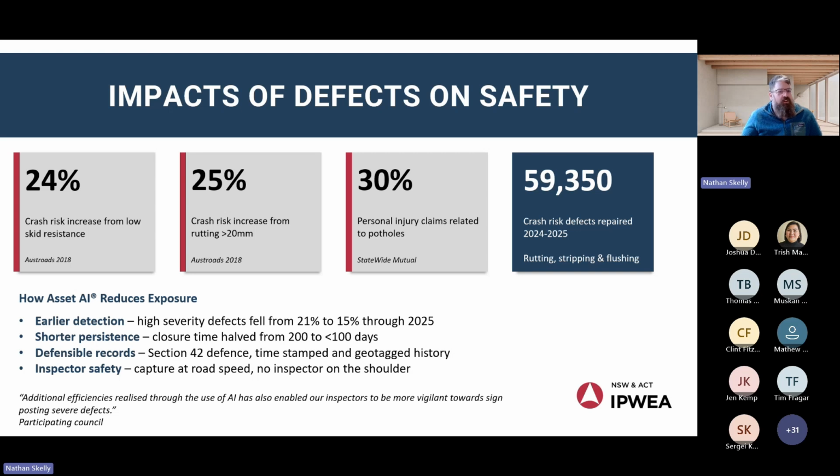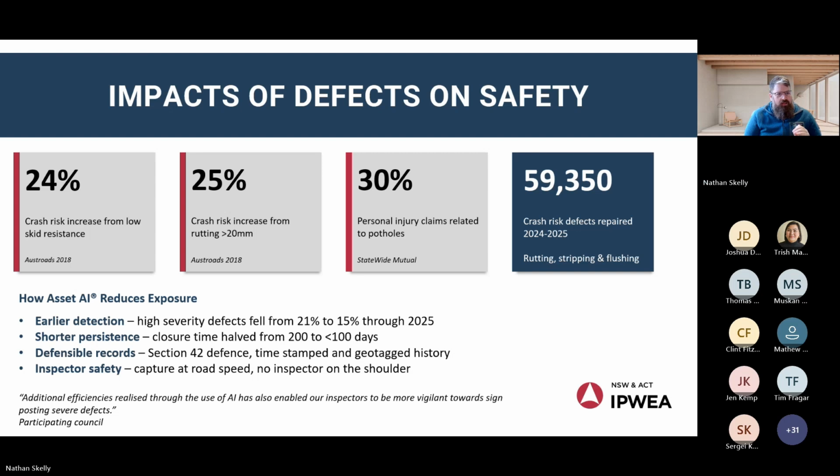And again, we've got the severity reducing. The defects are lasting on the network for less time. We have better defence under Section 42 because we have clarity on what the severity of the defect is, when it was detected, where it is, what the history of it is, and how it's evolved over time. And then you've also got inspector safety as a benefit as well.